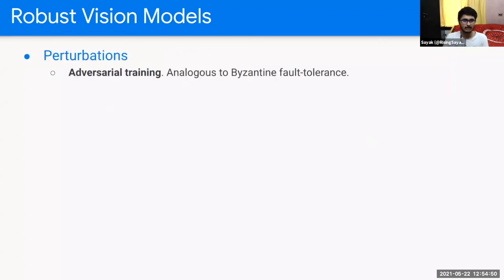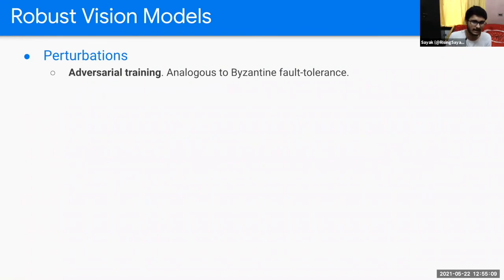And regarding perturbations, here are some solutions. Adversarial training can help very much. If you train your model in an adversarial aware way, to make it aware of the adversarial perturbations it might meet during its inference time, it's great.